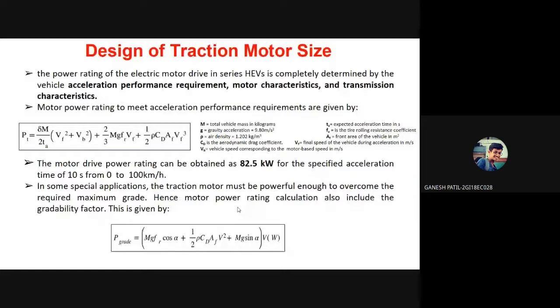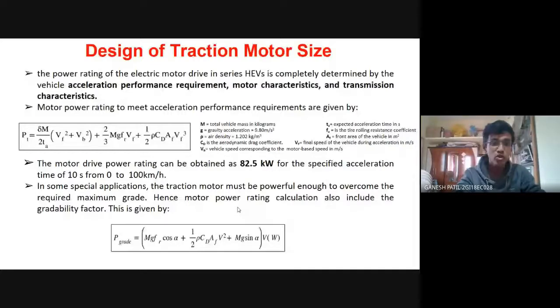AF is the frontal area, as I explained, and rho is the air density. Air density and gravity acceleration are fairly constant, so we consider 9.8 and 1.22 as those values. Now when we put these values in the equation for tractive power, we get around 82.5 kilowatts for the given acceleration which we mentioned in our design specifications.